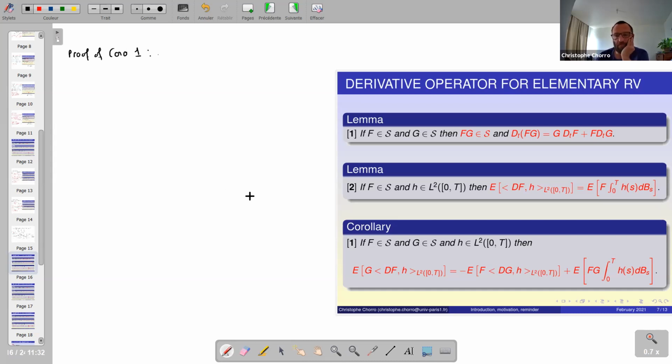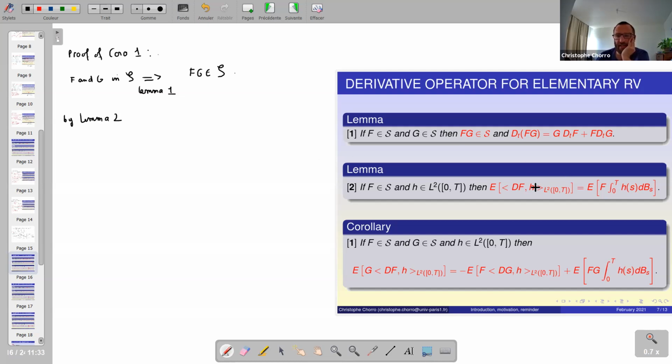So in fact, what we are going to do, I take f and j in S. I know from lemma 1 that the product belongs to S. So if the product belongs to S, I can apply the lemma 2.